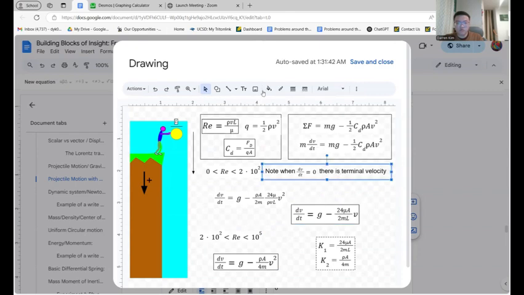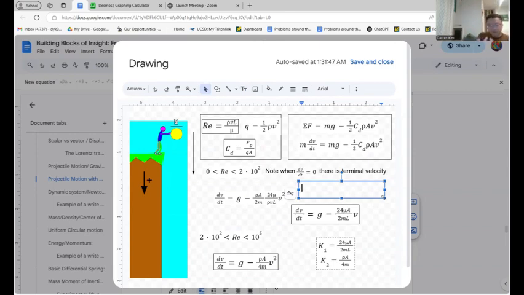When there's terminal velocity, the drag cannot be greater than gravity in this case. It can be thrust, or another force, because it's a reactionary force.